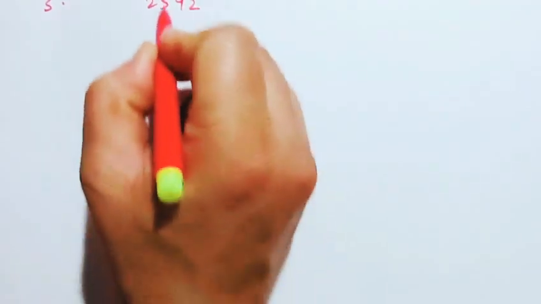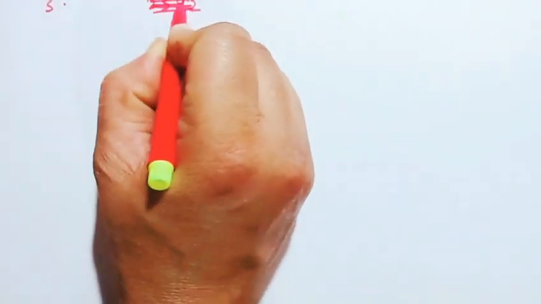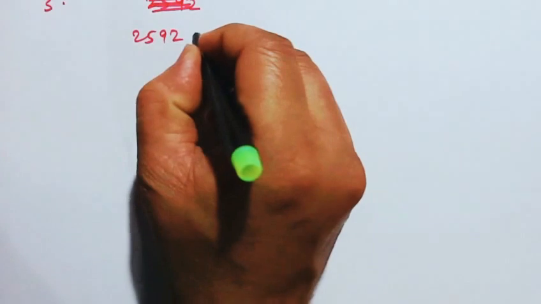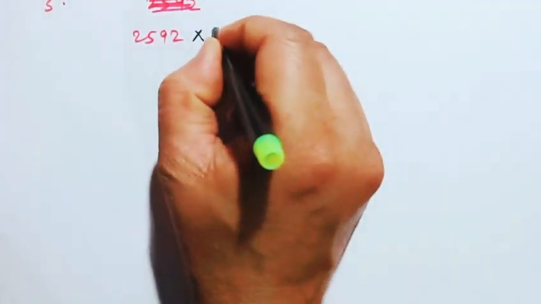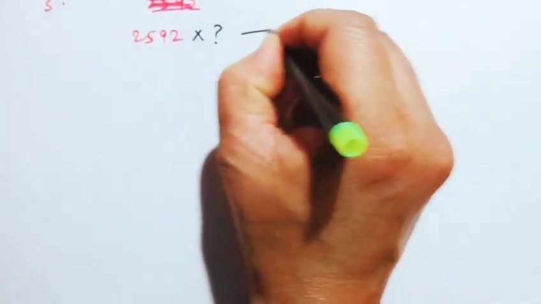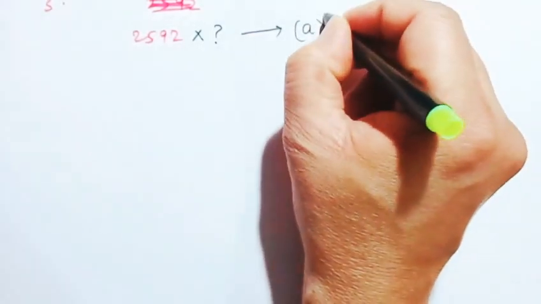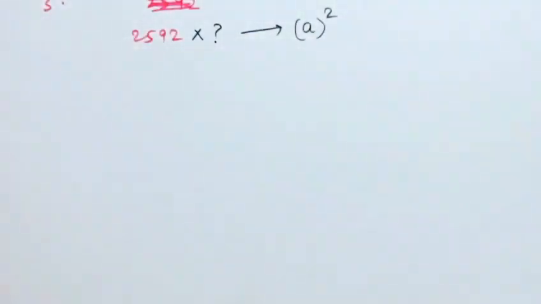They are saying that this 2592 is not a perfect square, and they are asking by what number it should be multiplied so that you can convert it into a perfect square.